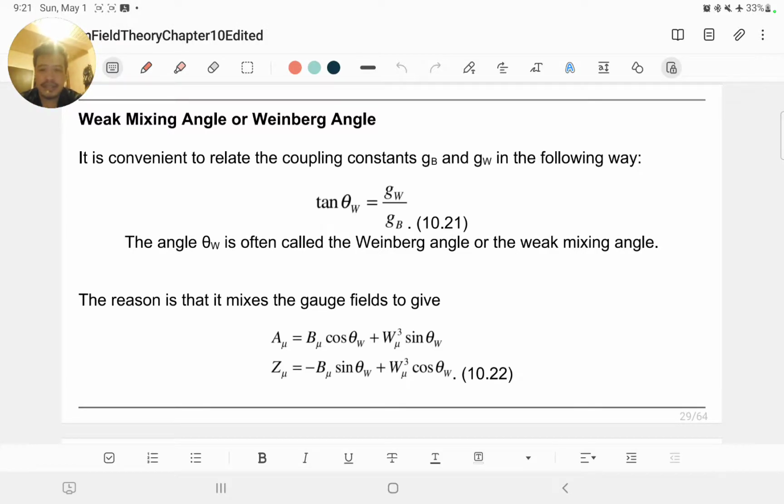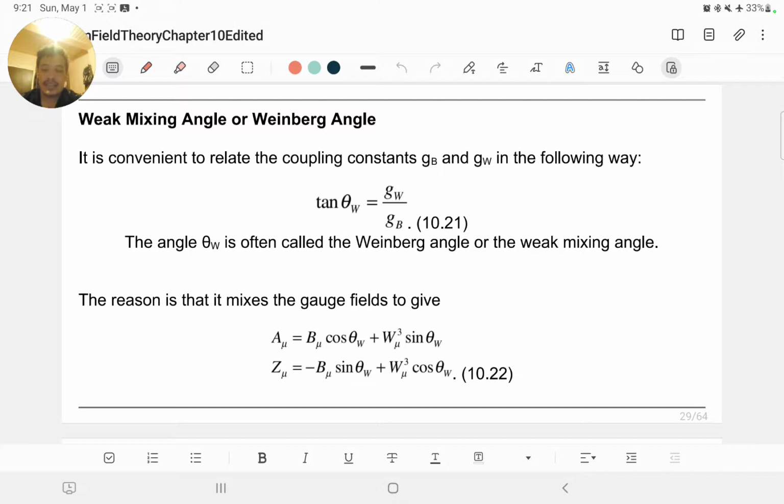Actually, I told you that B mu is the field associated with the U1 symmetry, and W mu 1, 2, 3 is the field associated with SU2. However, I also made a statement in the previous lecture that B mu is the field for the photon and W mu 3 is the field for the Z particle.